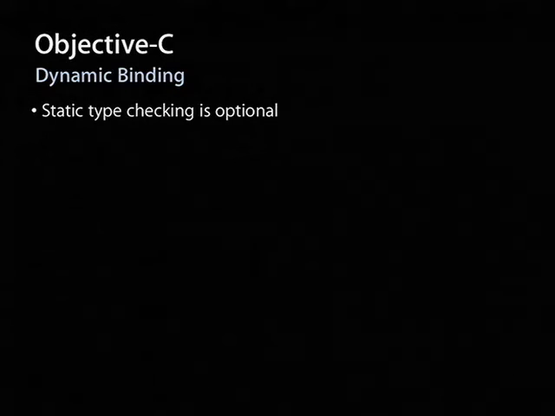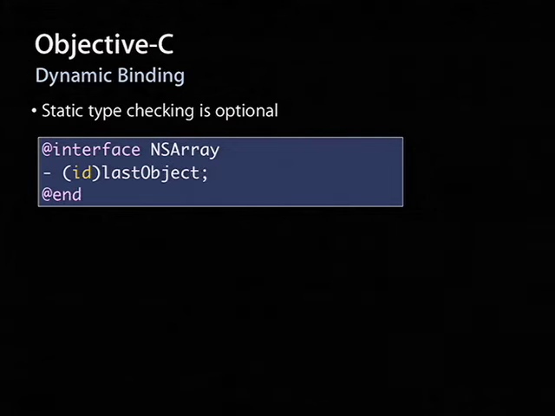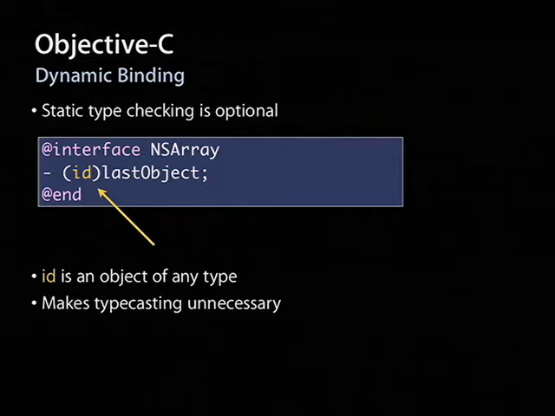Now, if you really wanted to invoke this method, which the compiler is not convinced actually exists, you can do it. For example, here's the lastObject method on NSArray. And as you can see, it returns this type id. What is id? Well, id is an object of any type, and this allows you to avoid the typecasting.